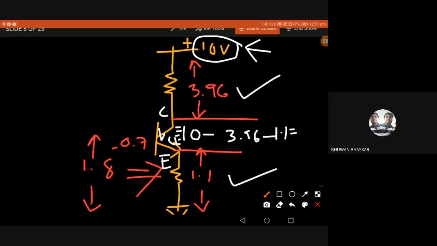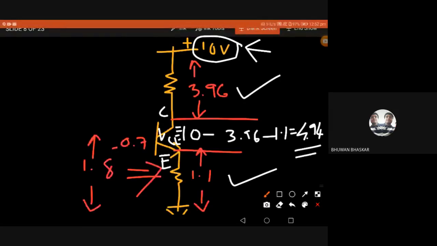So how much will you get? That is 10 minus 5.06, which is 4.94. So 4.94 volt is VCE. This much voltage is across collector and emitter.